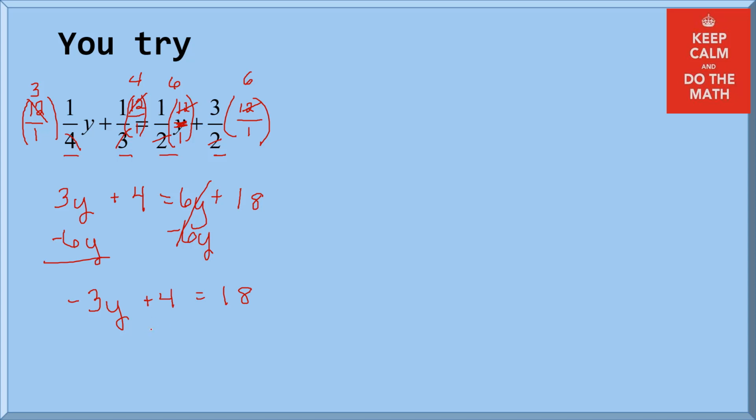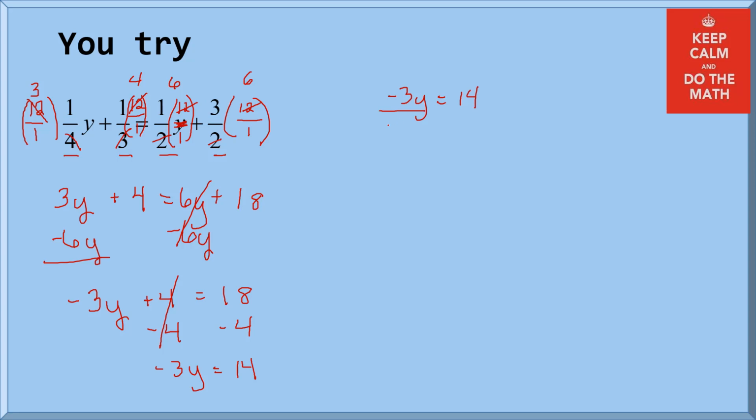So now I'm going to move my numbers to the right. So subtract 4. 4 minus 4 is 0, and I'm left with negative 3y equals 18 minus 4 is positive 14. So we now have negative 3y is equal to 14.